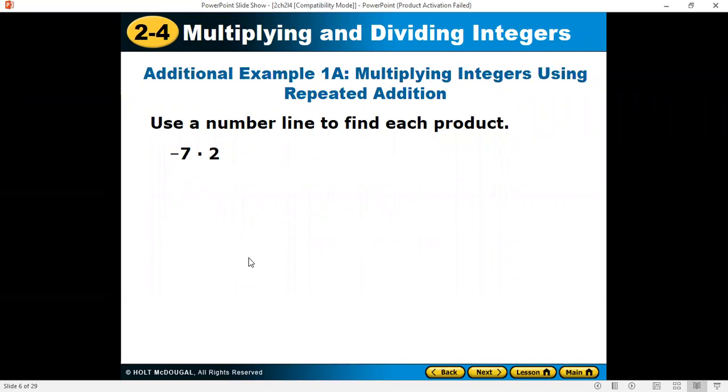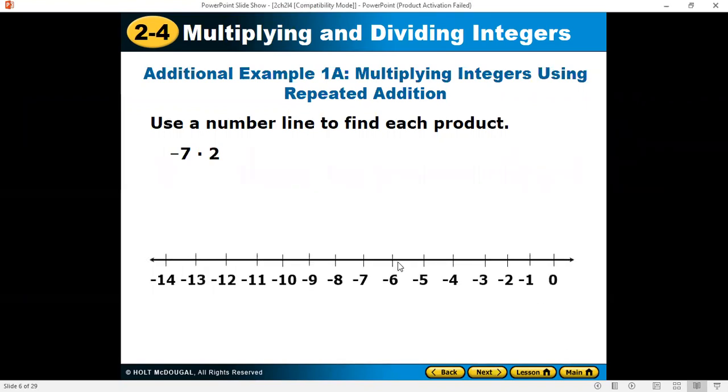The second type of questions we want to learn today is how we can use a number line to find each product. Negative 7 times 2. We will draw the number line first.